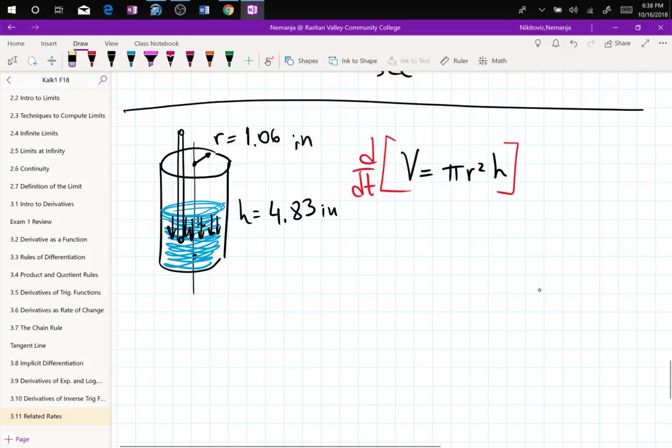So we have actually this as a volume is equal to pi times 1.06 squared times h. That's the better version of it because radius is constant everywhere. What's 1.06 squared?